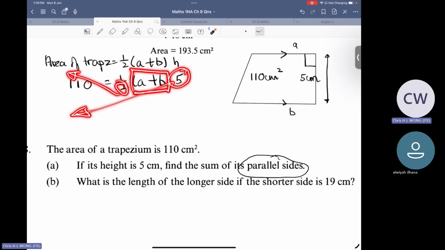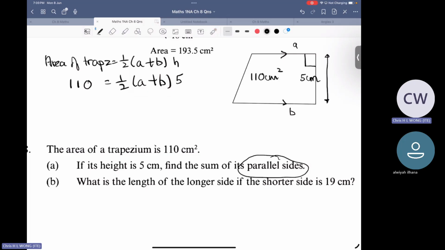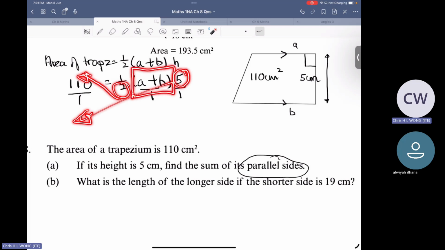Anything without a denominator is upon 1, like I mentioned. I get rid of the 2, cross over, and bring the 5 down. This is called cross multiplication, isn't it? All good?